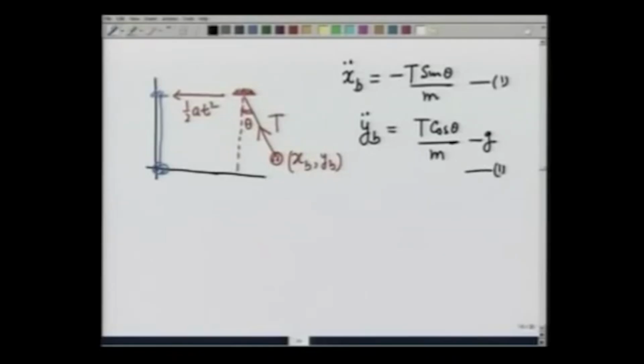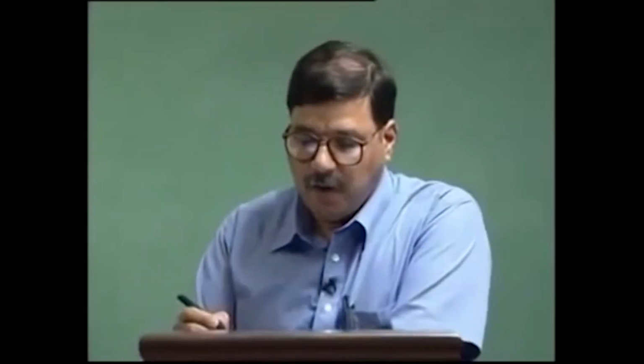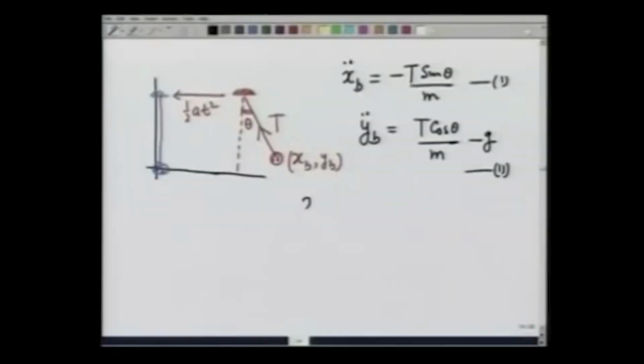That is my equation 2, because on the bob in the vertical direction there is a T cosine theta component and a g component. How many unknowns do I have? I have unknown xb, unknown yb, unknown theta, and tension T, 4 unknowns. So, I need 2 more equations.